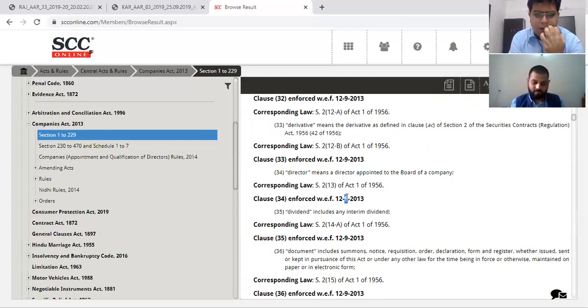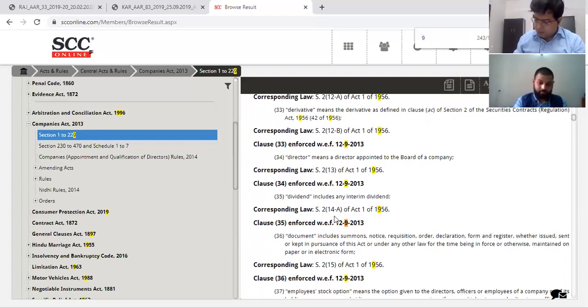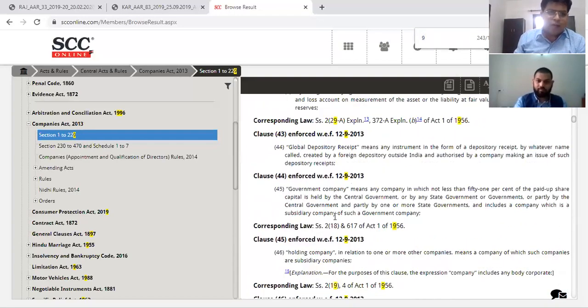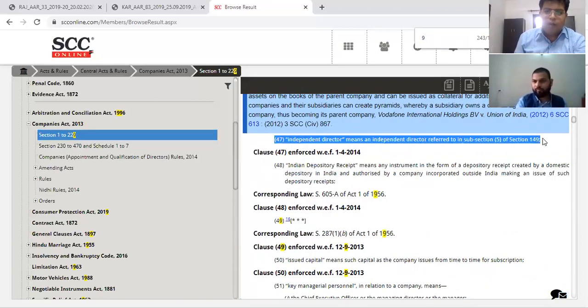For example, independent director is defined in section 2 clause 47, which means an independent director referred to in subsection 5 of section 149.